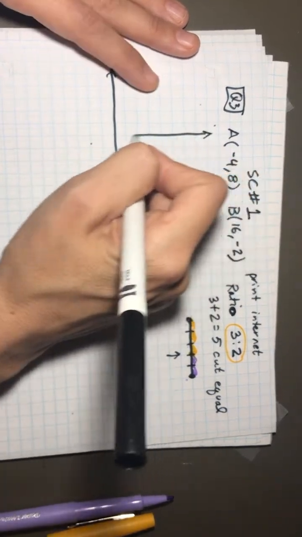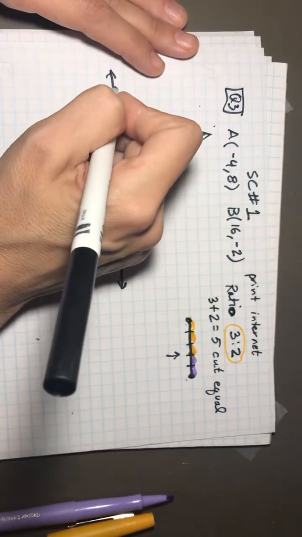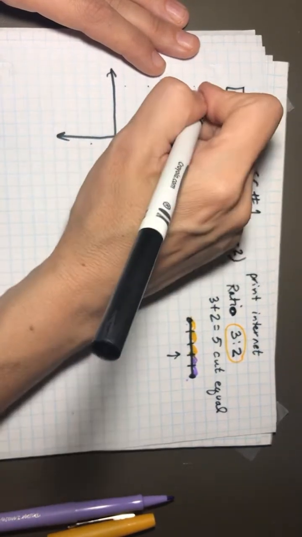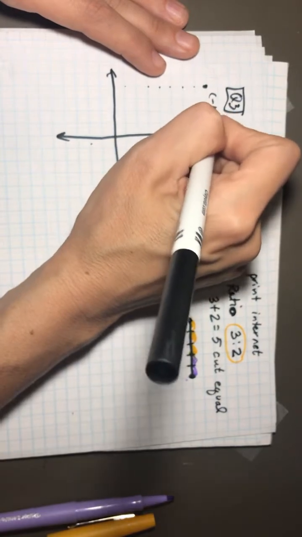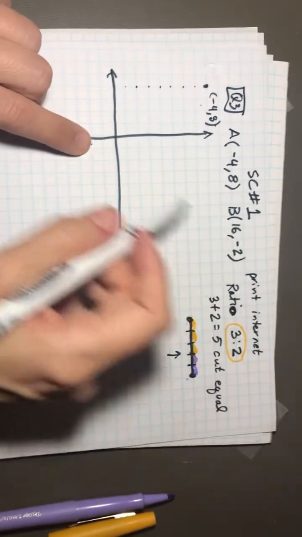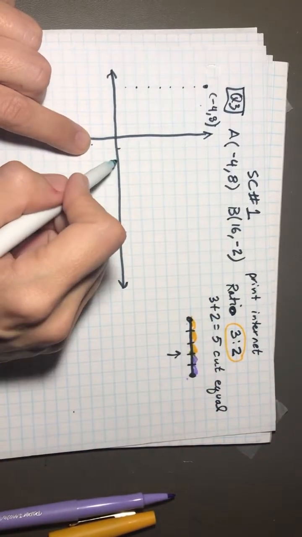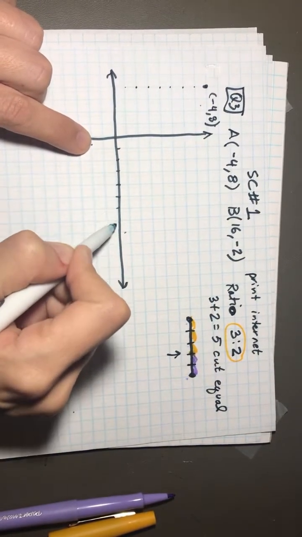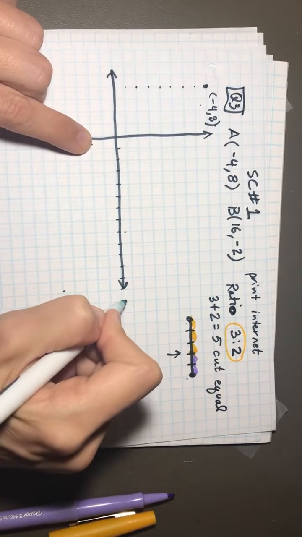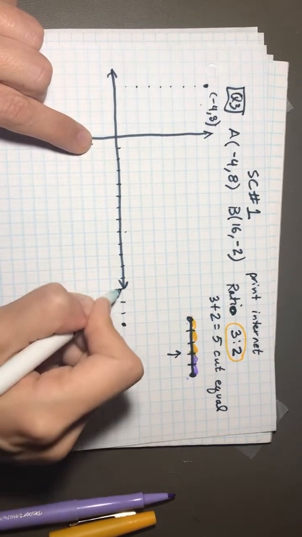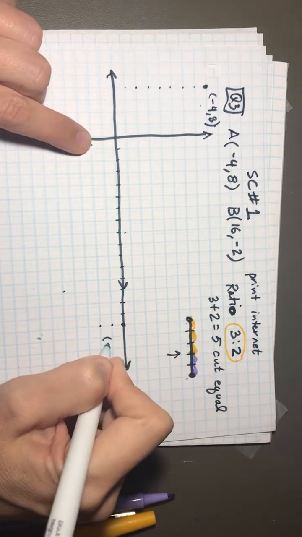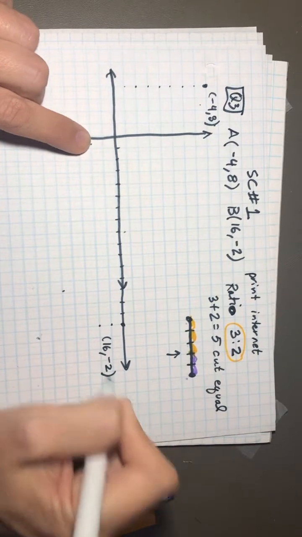Something like that. -4, 1, 2, 3, 4, 5, 6, 7, 8. Okay, so that's -4, 8. And then 16, -2. Okay, keep on going. And then -2. A 16, -2.